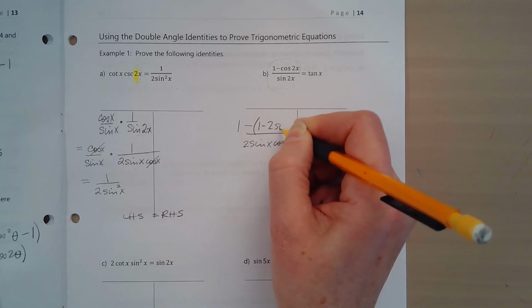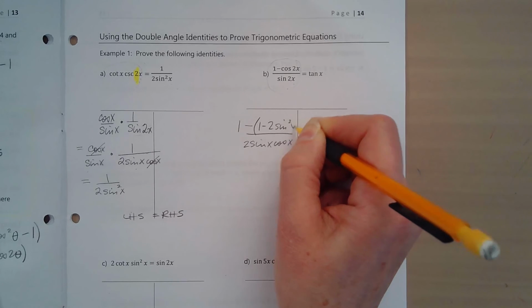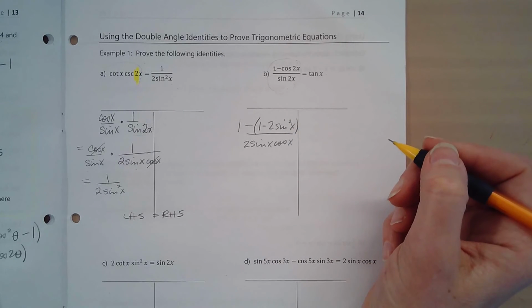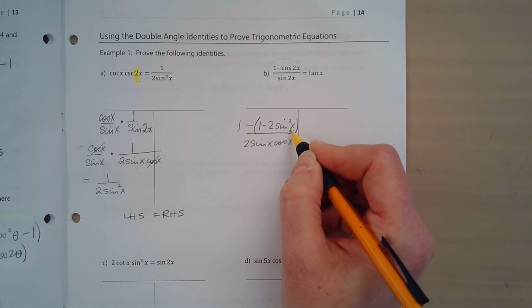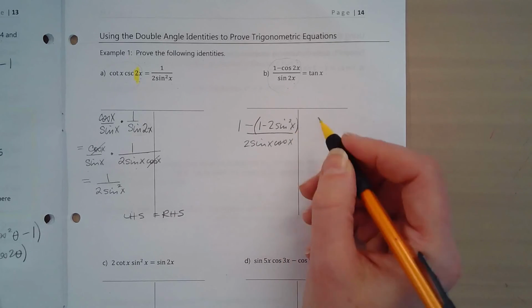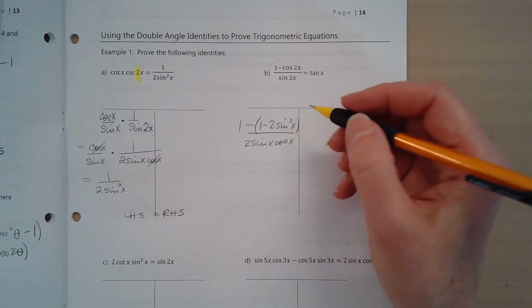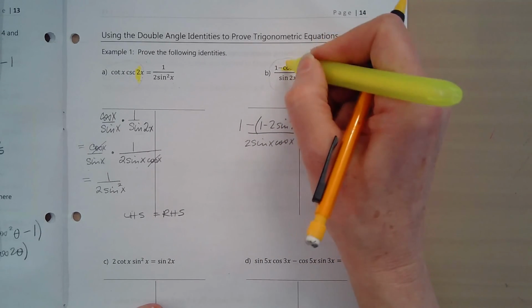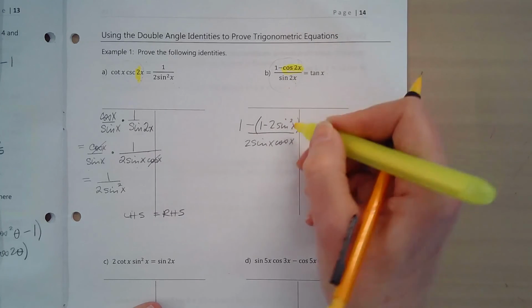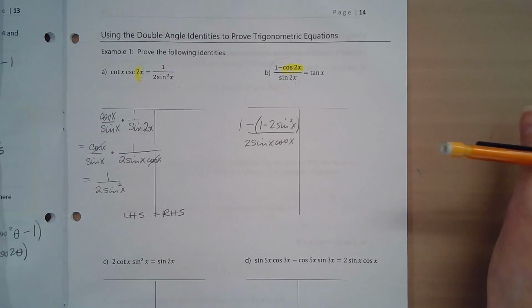Did anyone else take a different road? Why did you choose this one, Eileen? Yeah, and this is the only version, if you think about it, you're replacing cos 2x, right? So the whole expression for cos of 2x is going to be subtracted.